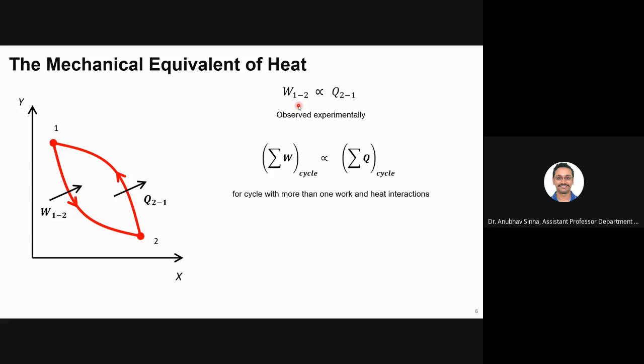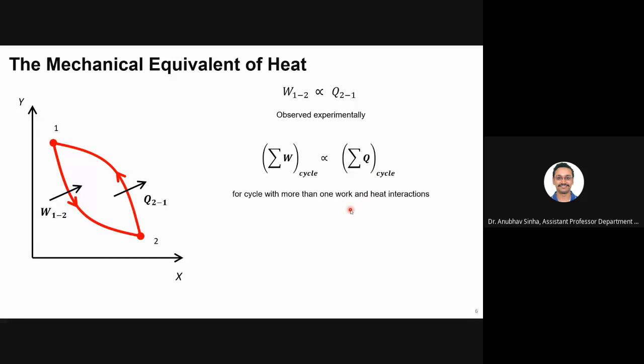Now, what he further did was this: here we talked about only one work input and one heat loss. Let us say we have a cycle with more than one work interaction. There could be 2-3 times where you do work or 4-5 times where you take out heat. When you talk about such a cycle, even if you sum over all the work done during the cycle, that will still be proportional to the total heat transfer during the cycle.